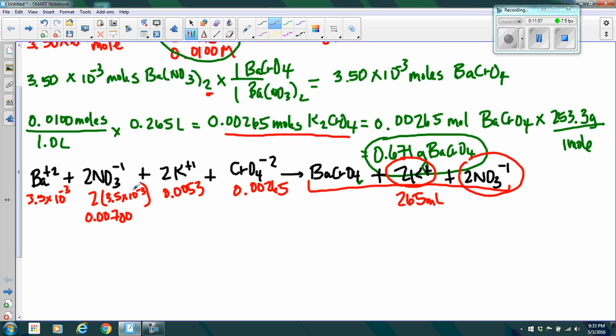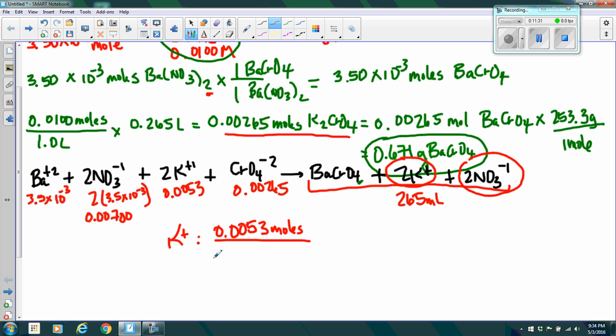Well, I can see I have 2 potassium ions in the same form over here. I just figured out that the molarity of them is equal to moles over liters. So I am going to do my potassium ion right now. I'm going to say that I have 0.0053 because, again, remember, even though I didn't label it, this is moles over liters.